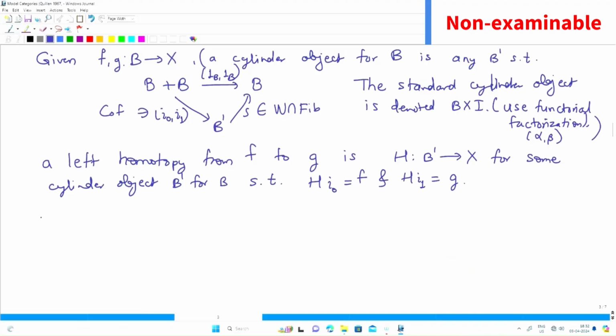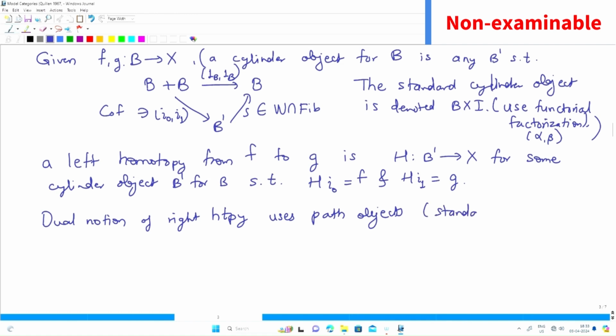We can also get a right version, and for that we use the path object. So the dual notion of right homotopy, homotopy usually abbreviated as HTPY, uses path objects, and you will use the other type of factorization, acyclic cofibration followed by a fibration. So what is the standard path object in topology?